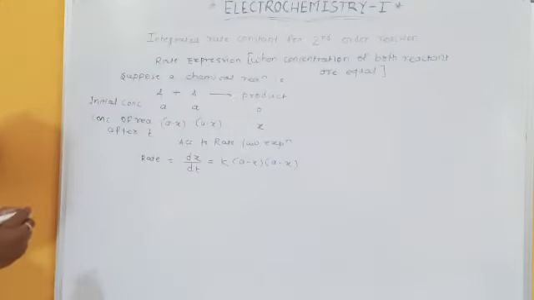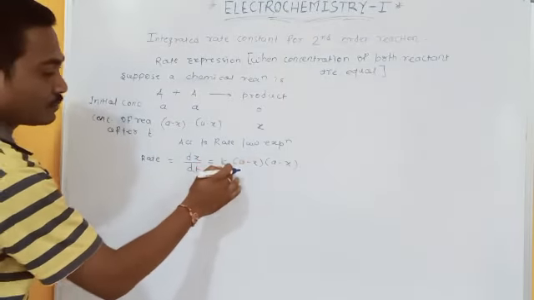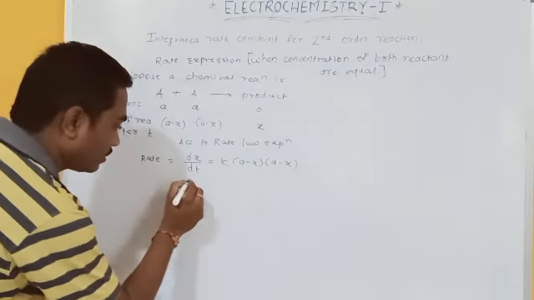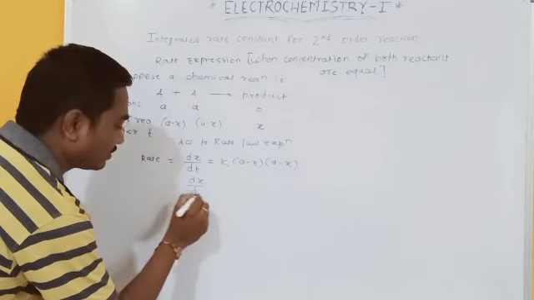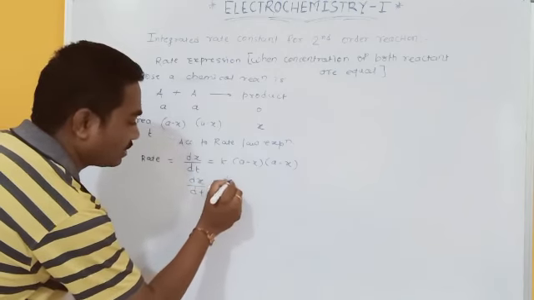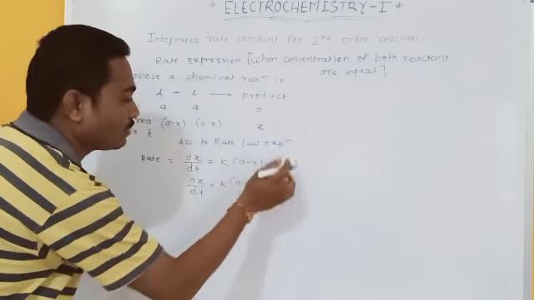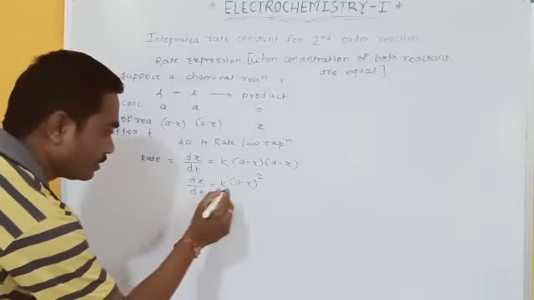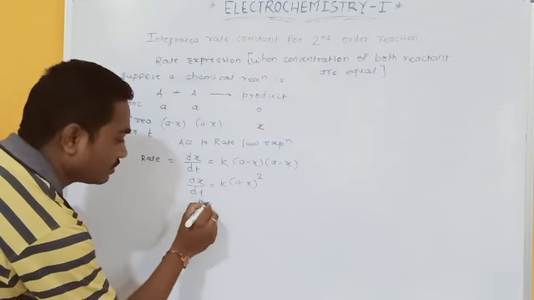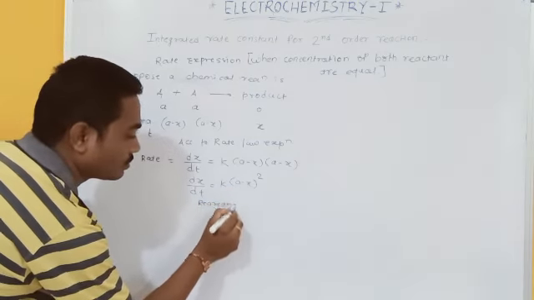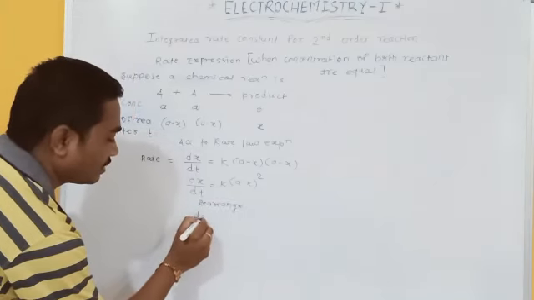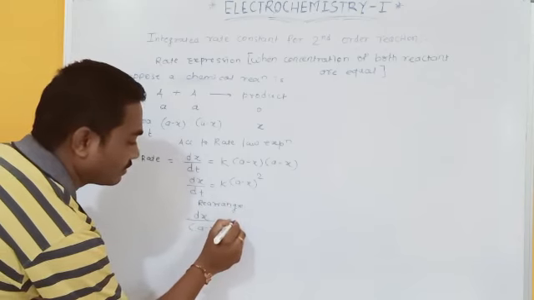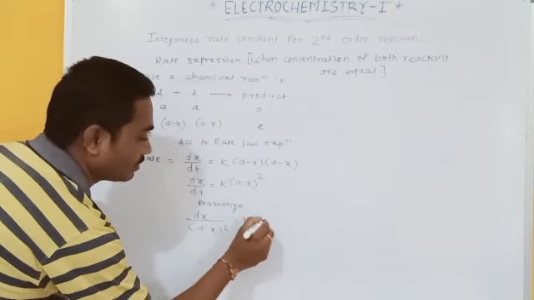So dx by dt is equal to k into (a minus x) into (a minus x), meaning (a minus x) whole square. Now rearrange the above equation: dx divided by (a minus x) square is equal to k into dt.